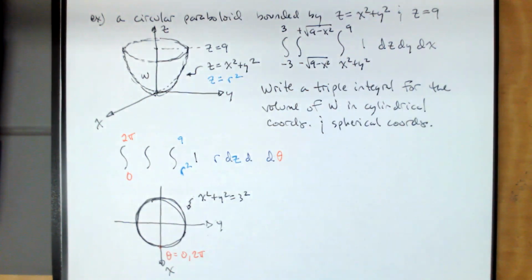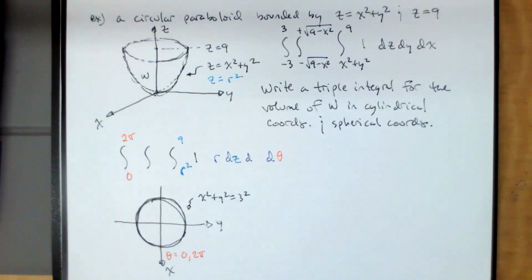This is still x squared plus y squared on the bottom, up to 9 on the top, but we're going to have to retranslate our circle x squared plus y squared into polar coordinates. So we'll go from r squared up to 9. Any questions? I wanted to write x squared plus y squared as my starting z, but that's in rectangular coordinates.